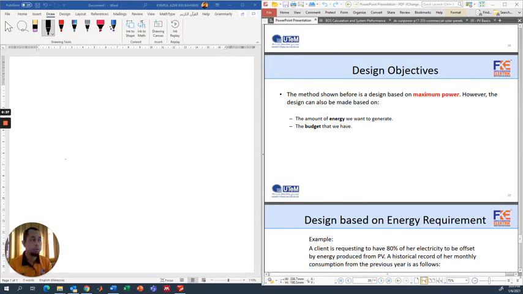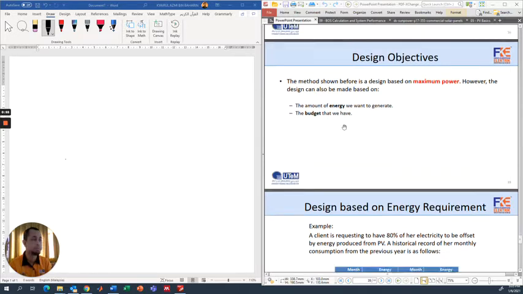So now, apart from designing based on maximum power, we can also design based on the amount of energy and based on the budget. We want to now design based on the amount of energy, and we are going to discuss it straight by using an example.